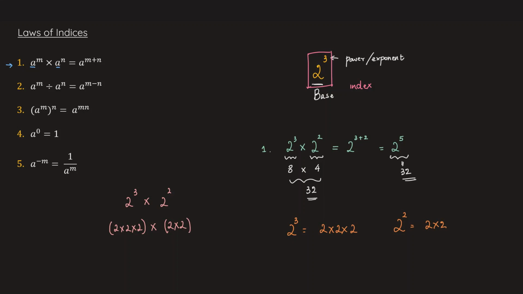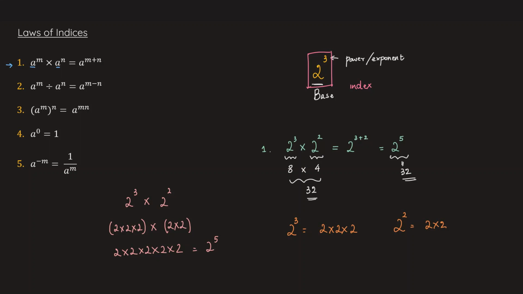And if you have a look here, this is just simply saying 2 times 2 times 2 times 2 times 2, which is just 2 to the power 5. So from this we can understand that the powers add because that's how many number of 2's there will be when you multiply numbers of the same base.